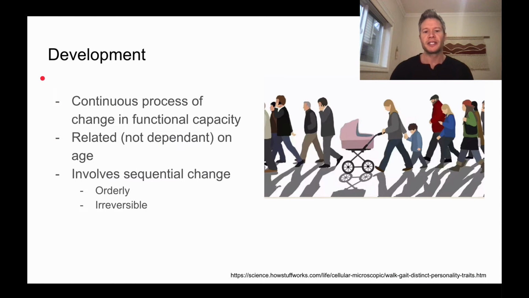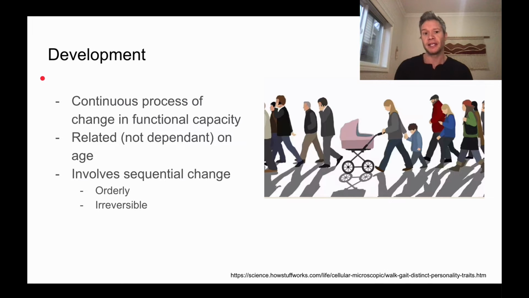So development is the continuous process of change in functional capacity. So the capacity functionally to move, related but not dependent on aging. So what that means is, and again, this is just expanding on the quote that we gave you a couple of slides ago, to say someone is aging does not mean necessarily they're developing.